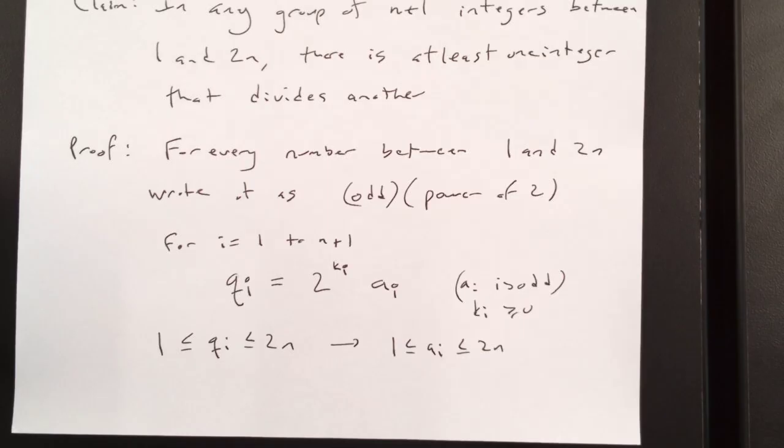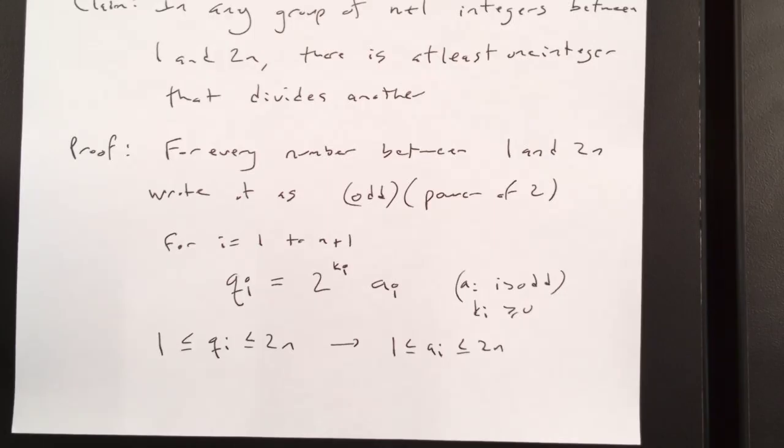How many odd numbers are there from 1 to 100? How many odd numbers from 1 to 10? Half of them, right?